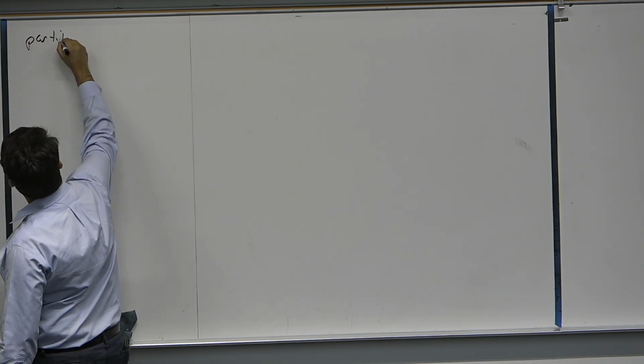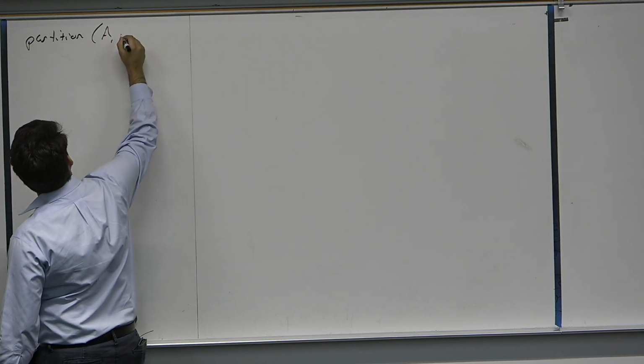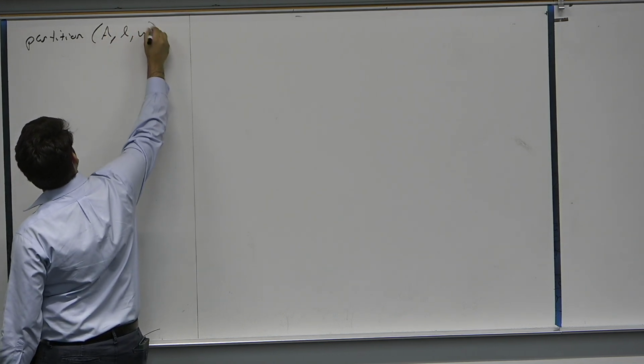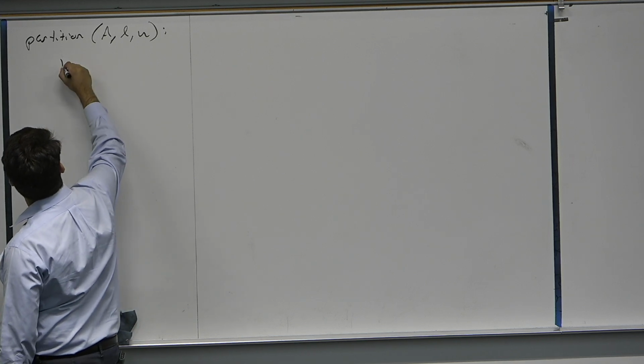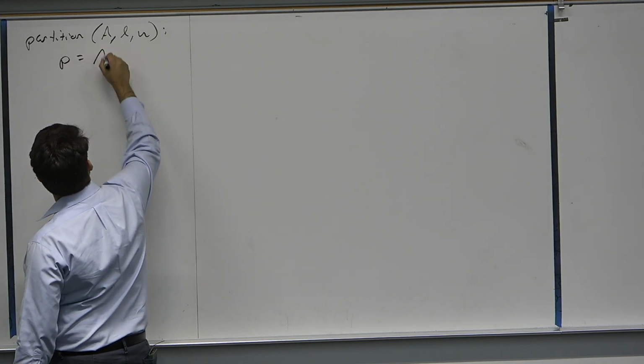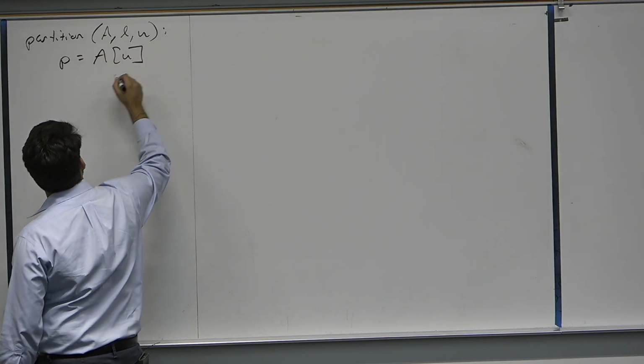Partition takes in the array and these bounds, L and U, lower and upper. What it's going to first do is choose a pivot element, P, to be the last element, A of U, let's say. Okay?